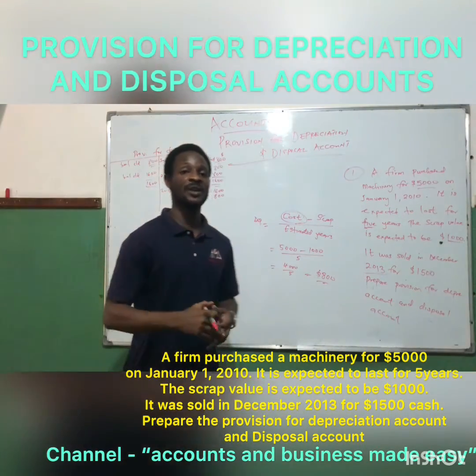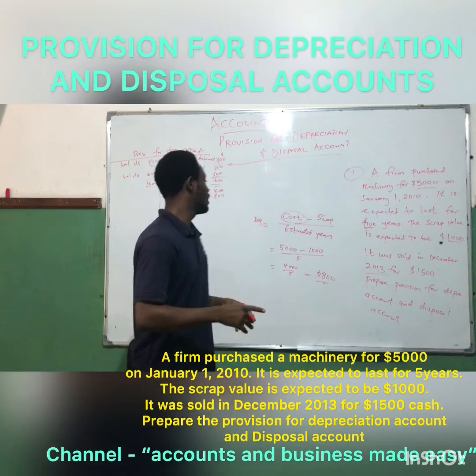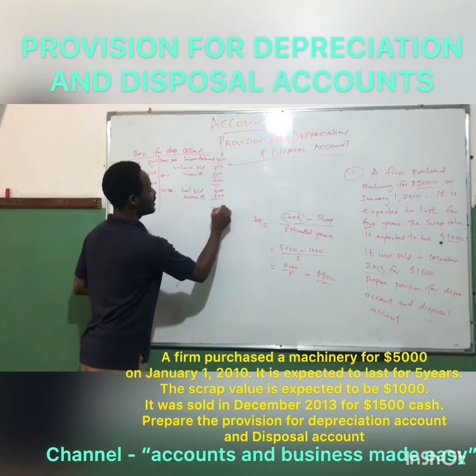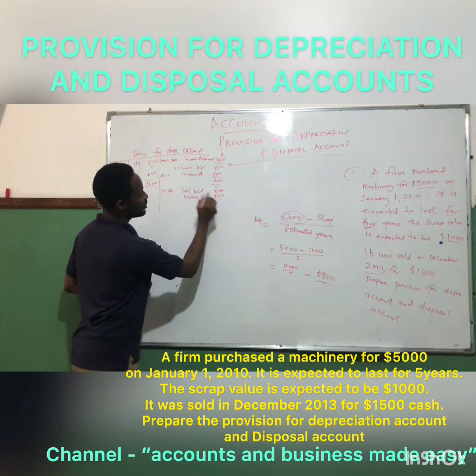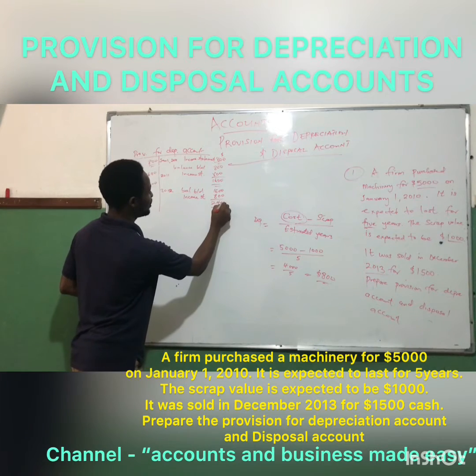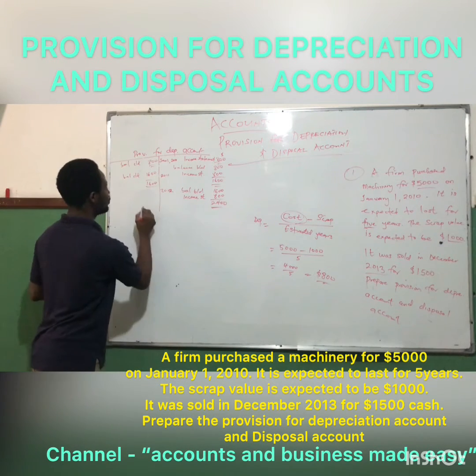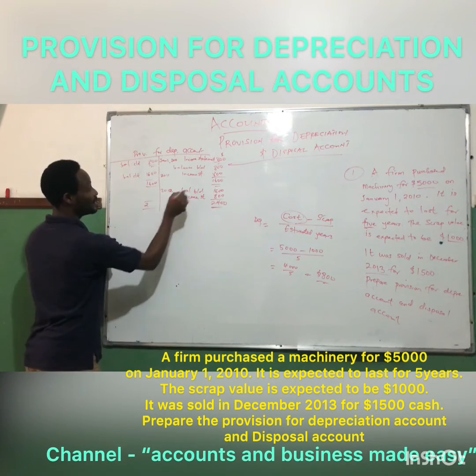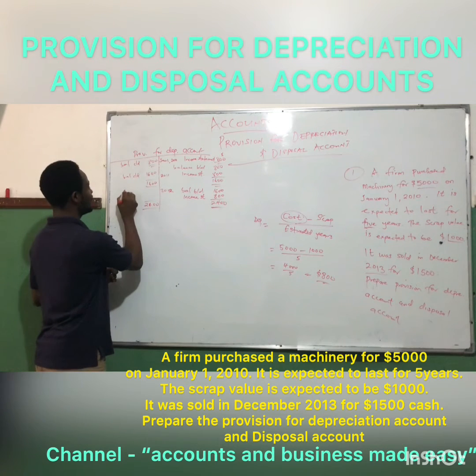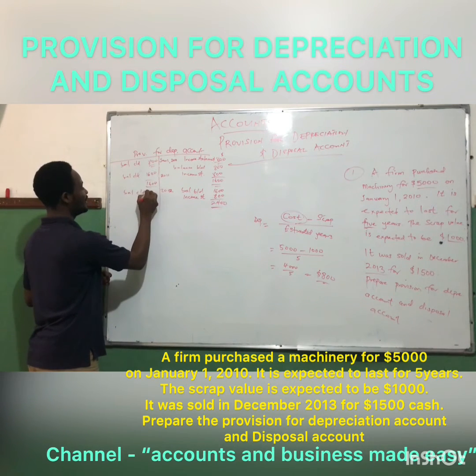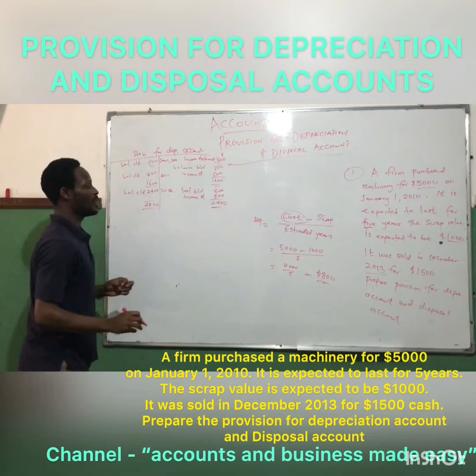When we get to that topic, we'll explain that further. Now, if you add, this gives us 2,400. So at the end of year 3, the balance carried down is 2,400.